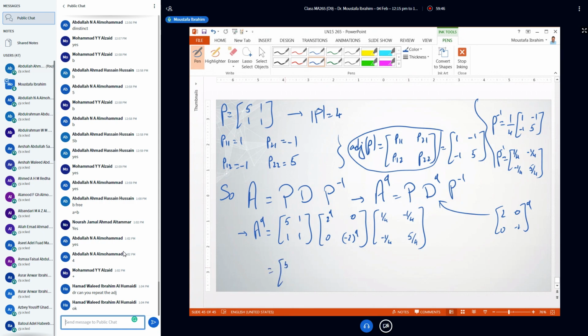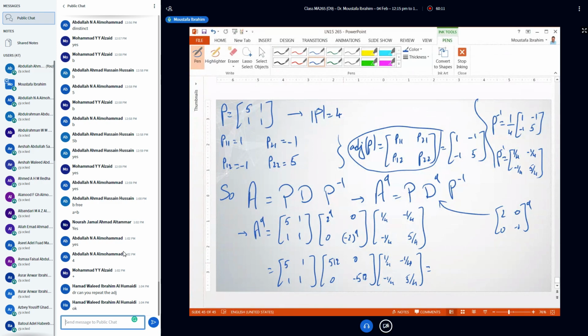So it will be 5, 1, 1, 1 times 512, 0, 0, minus 512, times 1 over 4, minus 1 over 4, minus 1 over 4, 5 over 4. So guys, instead of multiplying A by itself 9 times, just multiply these three matrices.